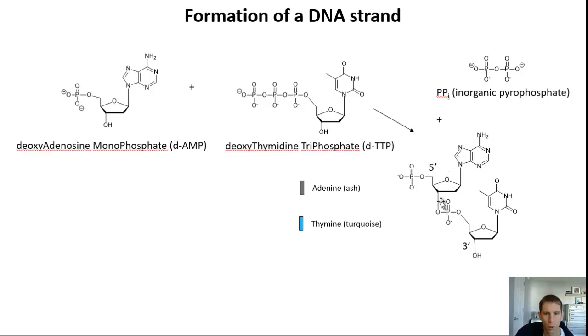It looks like what we're doing is converting this alcohol functional group to something else, or essentially we're attaching a phosphate to that alcohol functional group. We also have a byproduct here of our PPi, or inorganic, hence the i, pyrophosphate, hence the PP. So 2 phosphate groups, our inorganic pyrophosphate, is a leaving group.